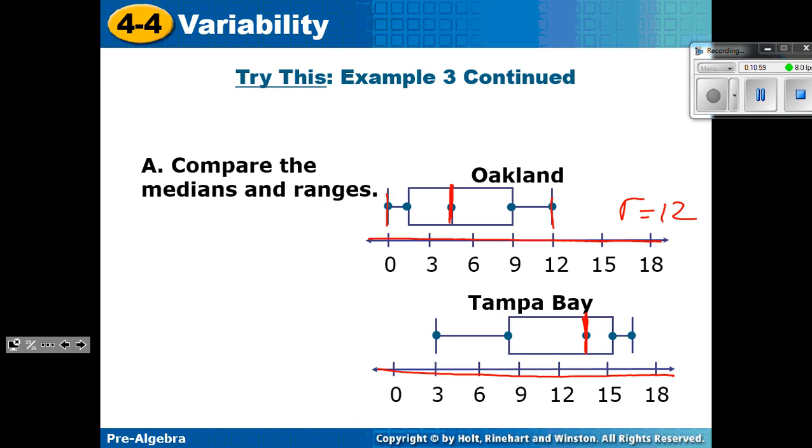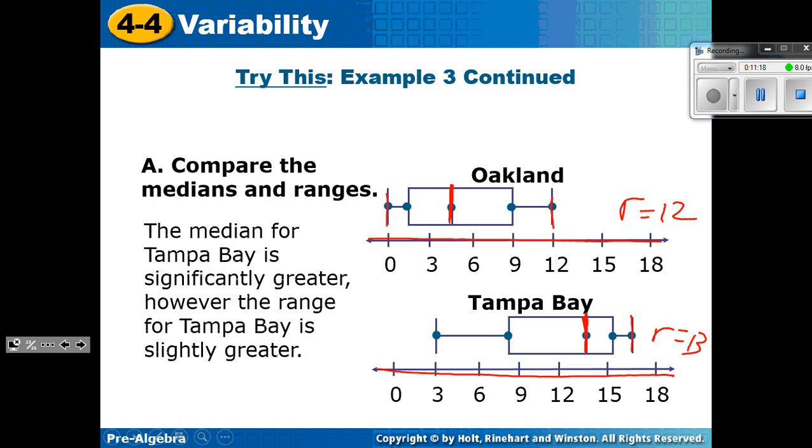And over here it looks like, I guess that's 16 minus 3 is 13. So Oakland's range is a little bit smaller than Tampa Bay's. So it says the median for Tampa Bay is significantly greater, however the range for Tampa Bay is only slightly greater. So that's the kind of answer that they're looking for there.